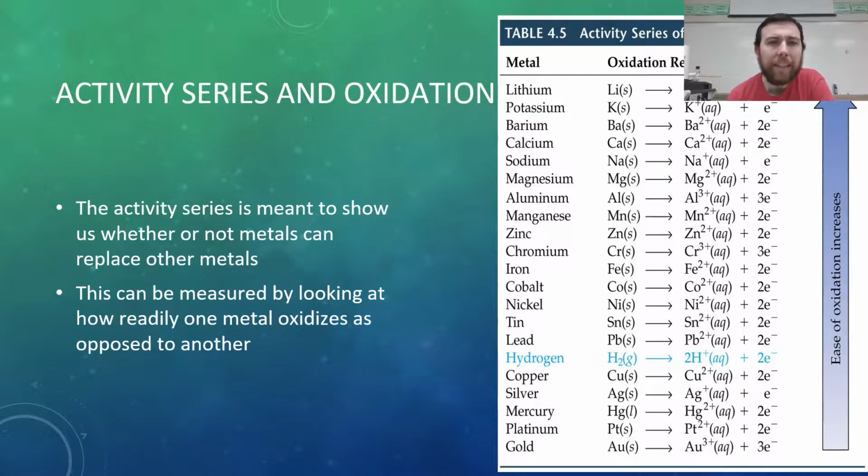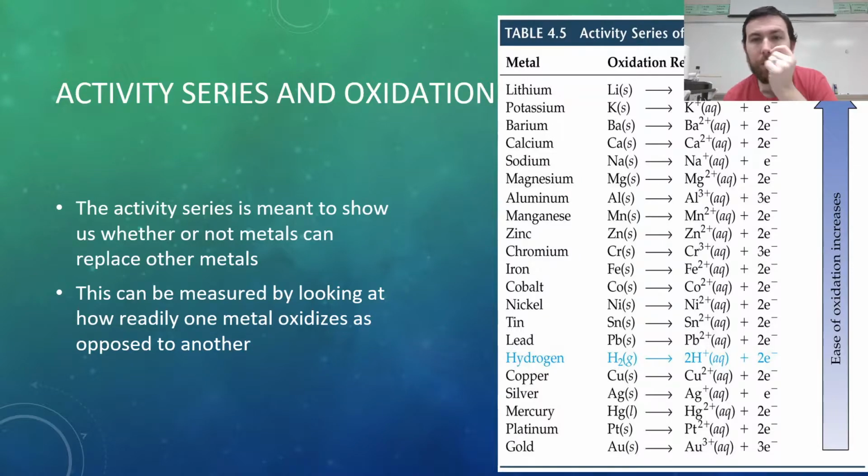Now, the activity series is meant to show us whether or not metals can replace other metals in a single replacement reaction. The way this would work, let's say that lithium was the metal trying to replace zinc in a compound. Because lithium is higher up on the activity series, it's more easily oxidized, it more readily loses electrons. It's going to be able to kick out zinc from whatever compound it's in and form lithium ions and then form zinc metal.